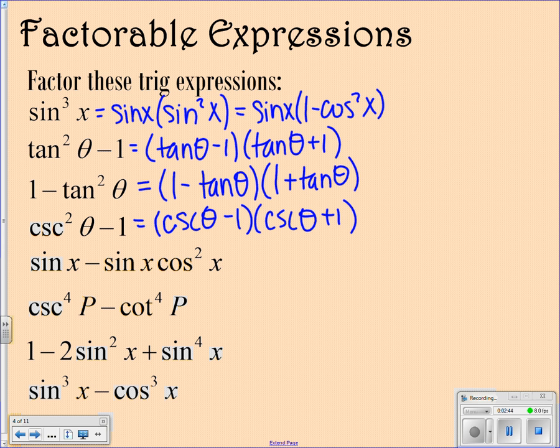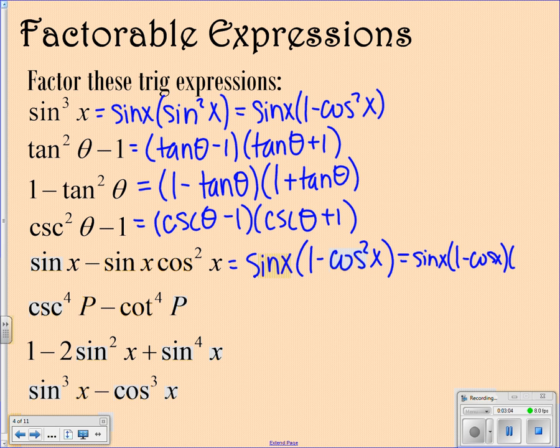Now for this next one, sine x minus sine x cosine squared x, that's going to have a sine in both of those, so we can pull out a sine of x, and then we're going to have 1 minus cosine squared, which you can again factor as 1 minus cosine of x times 1 plus cosine of x.